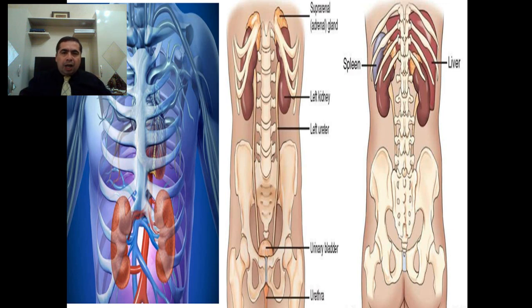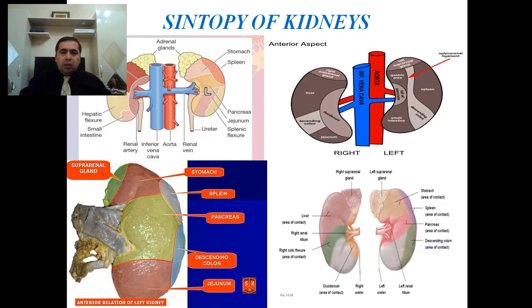And if we continue, we have to know the relation to organs, the syntopy. Syntopy, you know, the topography. Of course, it's topography, but it means the relation of the kidneys to the organs. In this picture, you are looking at the right kidney and the left kidney, and the contact surfaces with the neighbor organs are identified here.